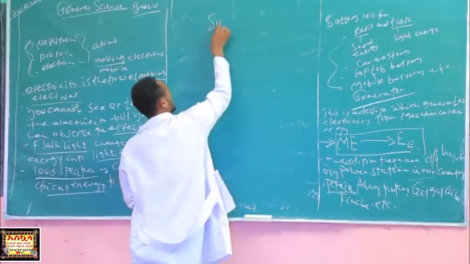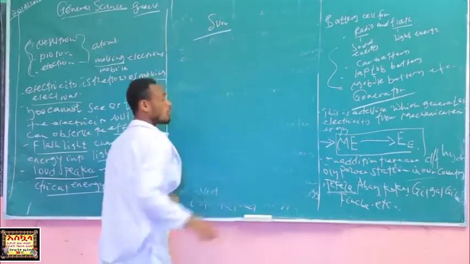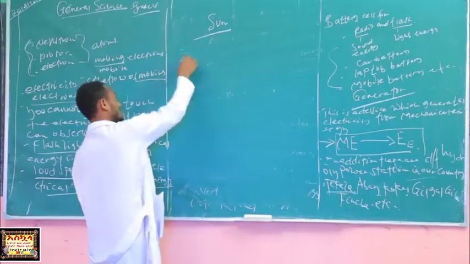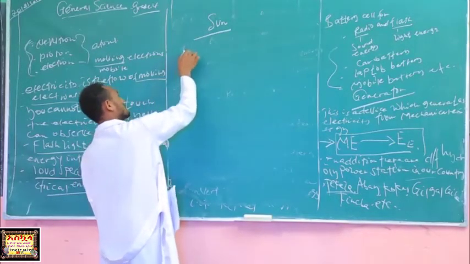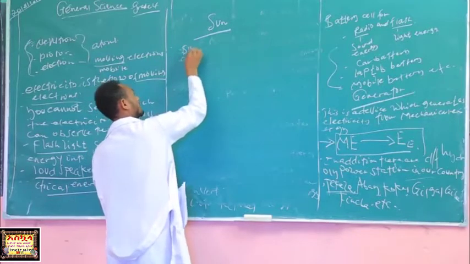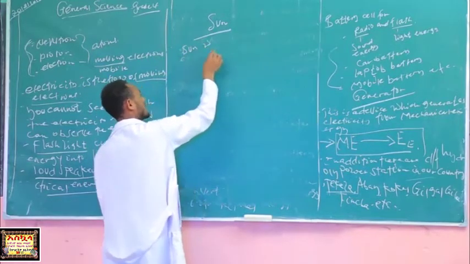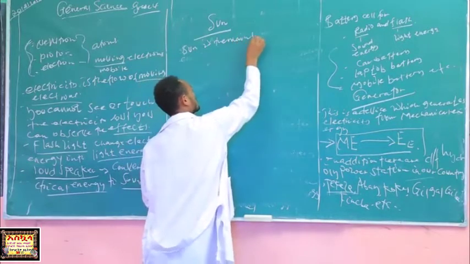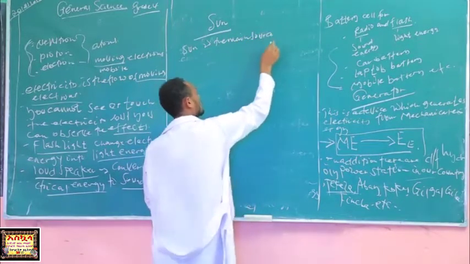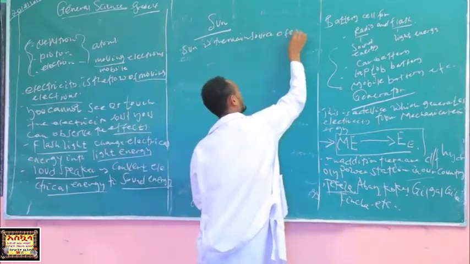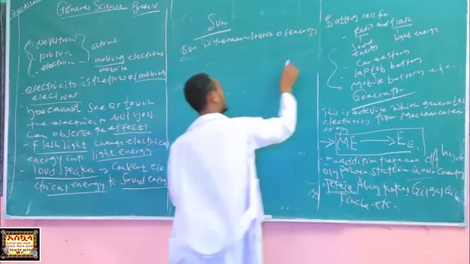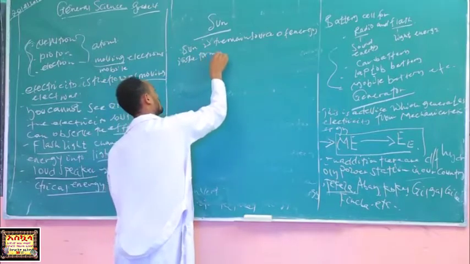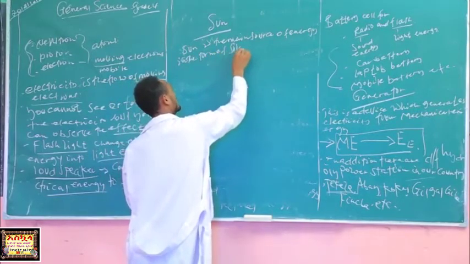The third source of energy is the sun by itself. As I told you last time, the sun is the main source of energy in the form of solar energy.